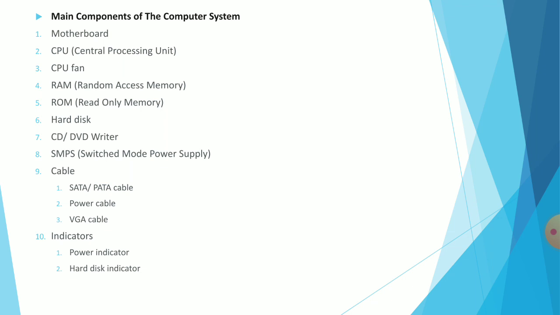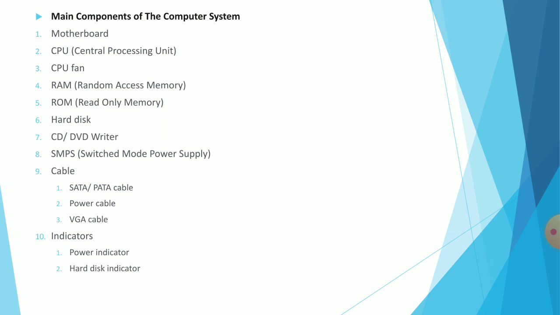Every desktop computer system has some AC to DC conversion. This is done by the SMPS because our computers work digitally, and the supply to our homes or offices is in analog form, or alternating current form.